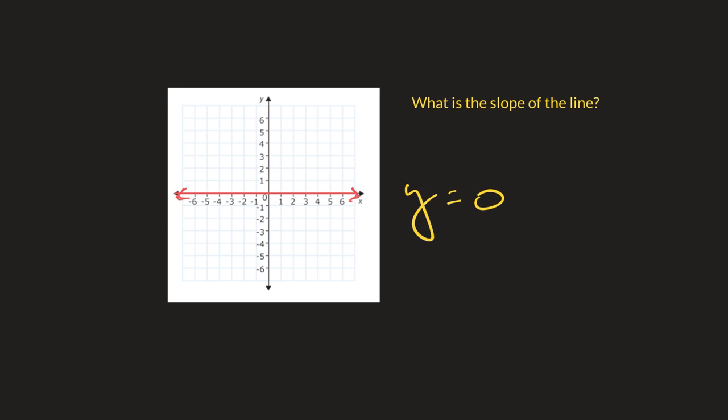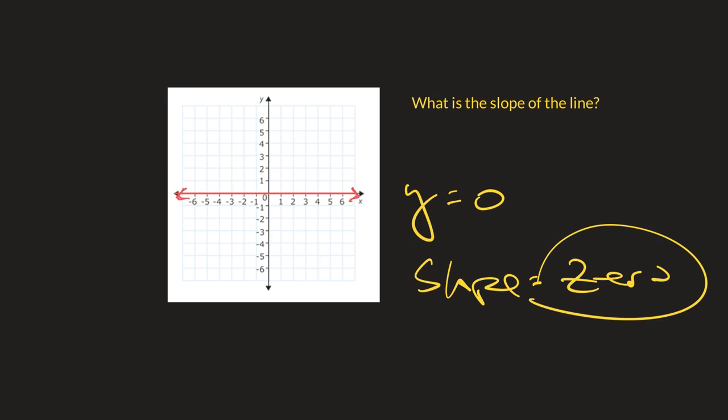Horizontal line, okay? How steep is a horizontal line? How much steepness does a horizontal line have? So how much steepness does it have? 0, okay? So, as far as our slope, it is 0, okay? Again, something we need to know, okay? All these things we need to associate together.